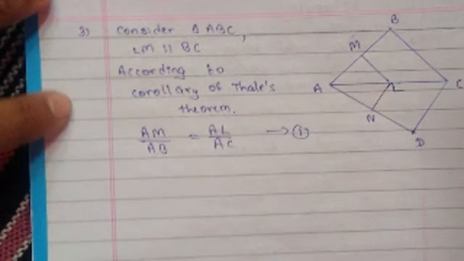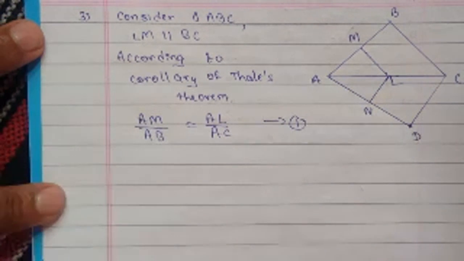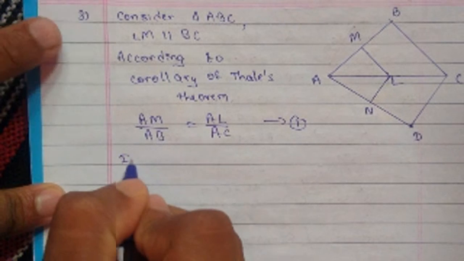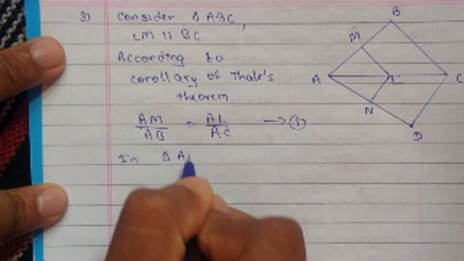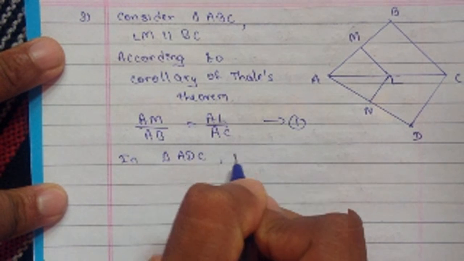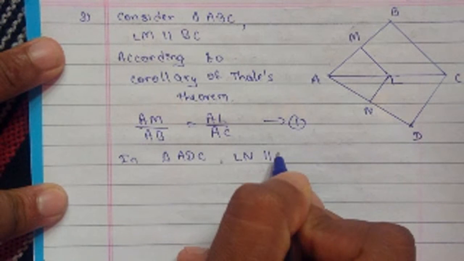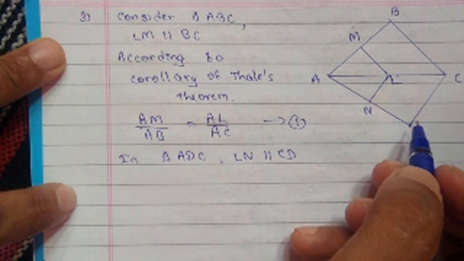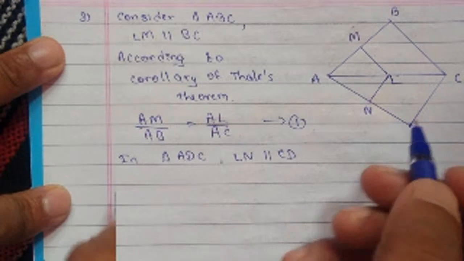Now similarly, we will consider the lower triangle, triangle ADC. In triangle ADC, LN is parallel to CD. Then again we will apply the corollary of Thales' theorem.